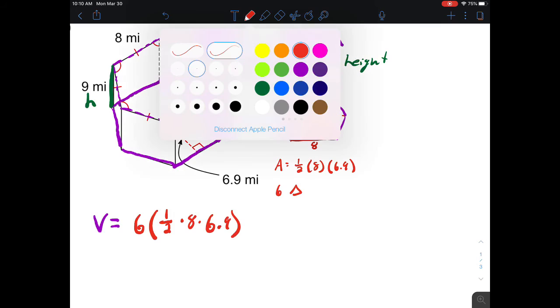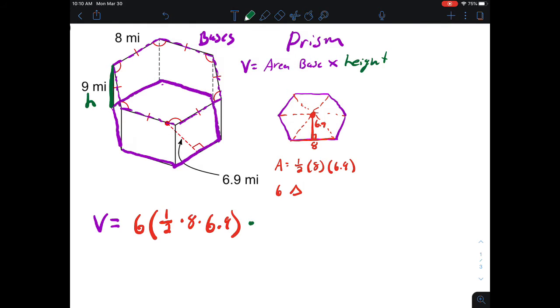And then times the height, which we said was 9. And so we multiply that all the way, and then we'll get our volume here, which is 1,490.4 miles cubed.